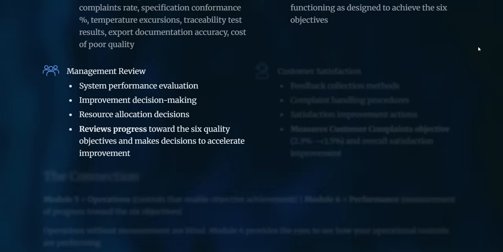And then we will cover the management review, which will consist of systematic performance evaluation, improvement decision making, resource allocation decisions, and review of progress toward the 6 quality objectives, and makes decisions to accelerate improvement.